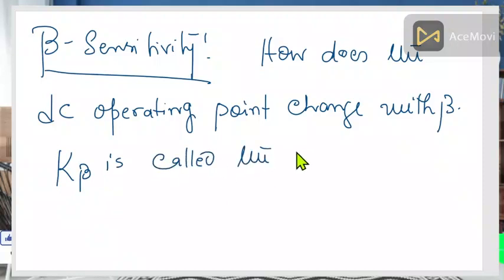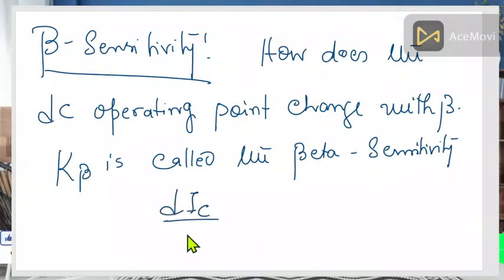is called the beta sensitivity. And this K beta is the change in the collector current for a given collector current, K beta equals dIC by IC over dIB by beta.